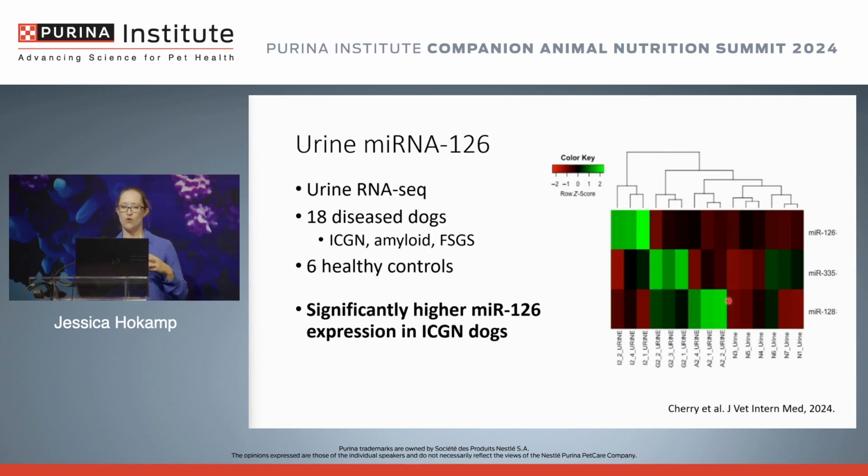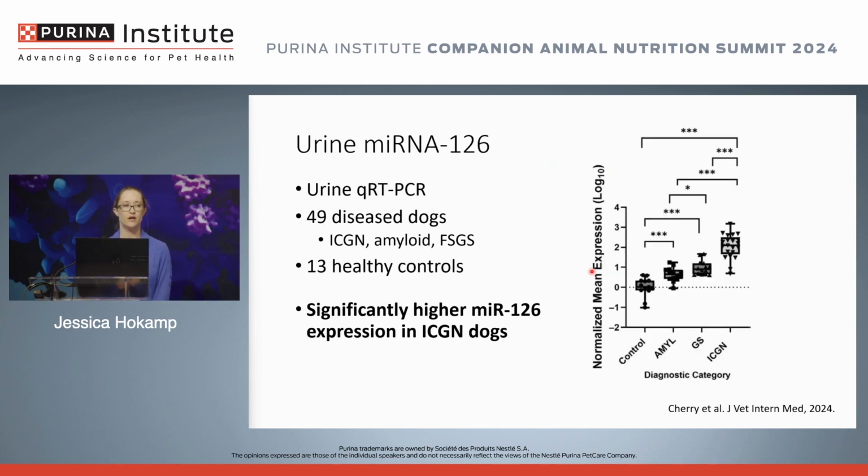In looking at microRNA sequencing in a set of dogs with naturally occurring glomerular diseases, specifically ICGN, all of the flavors of ICGN, and 2 non-ICGN diseases, amyloidosis and FSGS, looking at a small subset of those and performing RNA sequencing, we found a significantly higher expression of microRNA 126 in dogs that had ICGN, regardless of whether it was membranous or membranoproliferative glomerulonephritis.